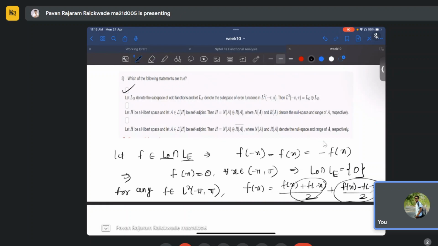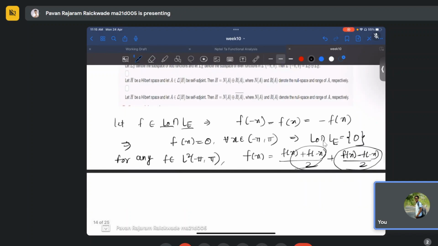Now let H be a Hilbert space and A is self-adjoint. Can we write the Hilbert space as the direct sum of the null space of A and the range space of A, where null space of A and range space of A denote the null space and range of A respectively?